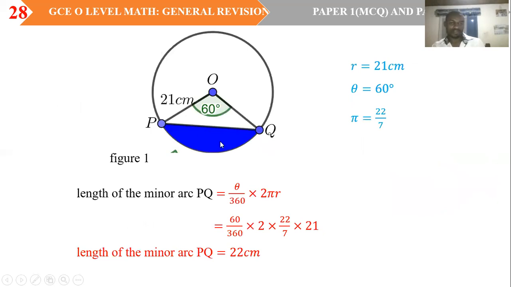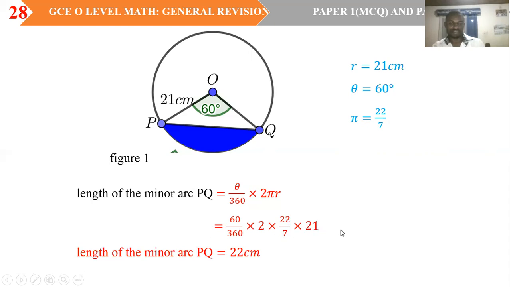Okay, as an analysis to this question, we take out the important information. R, the radius, is 21 centimeters, theta is 60 degrees, pi is 22/7. And from the formula of the arc length given by theta over 360 times 2 pi r, we know that theta is 60/360, pi is 22/7, and radius is 21.